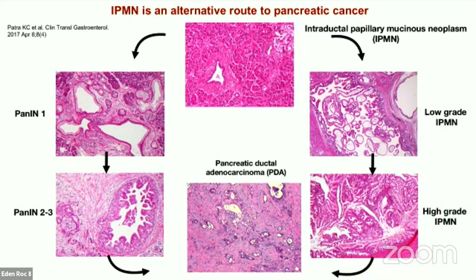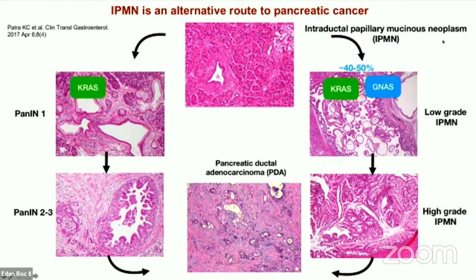To begin, pancreatic cancer progresses through two different genetic precursor lesions. One is called PanIN, which is very nicely studied in animal models, and another precursor, which is much less studied, is called IPMN, which abbreviates intraductal papillary mucinous neoplasm.